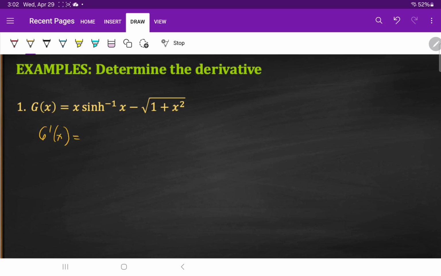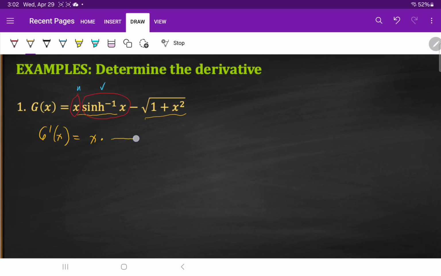For the first one, we use the derivative of a product. So what's the derivative of a product? This is u and this is v. So we copy u, which is x.